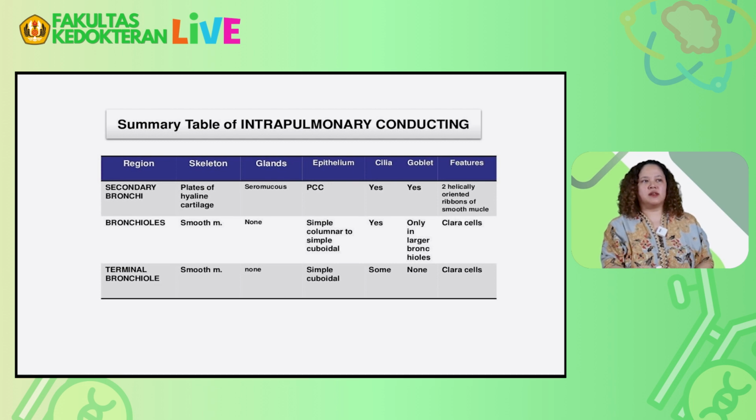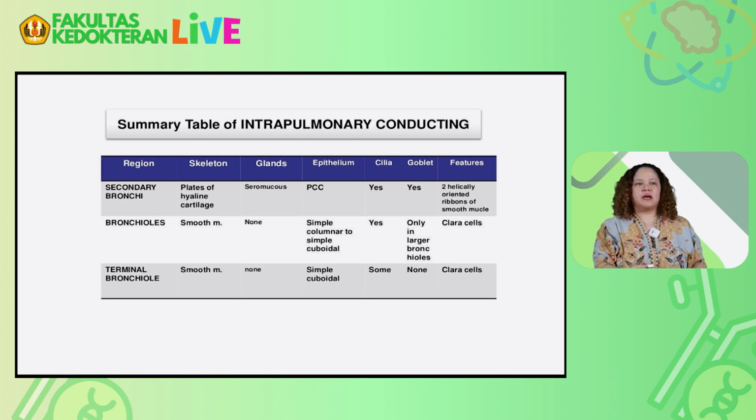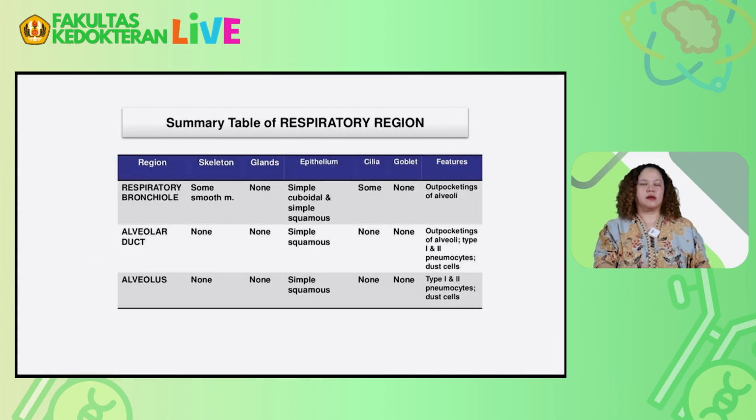The glands are only found at the secondary bronchi, and the epithelium at the secondary bronchi is pseudostratified ciliated columnar epithelium, then would gradually change into simple columnar to simple cuboidal. The cilia are absent at the terminal bronchioles, and so are the goblet cells. Just remember that at the bronchiolar part and the terminal bronchiolar part, you can find Clara cells.